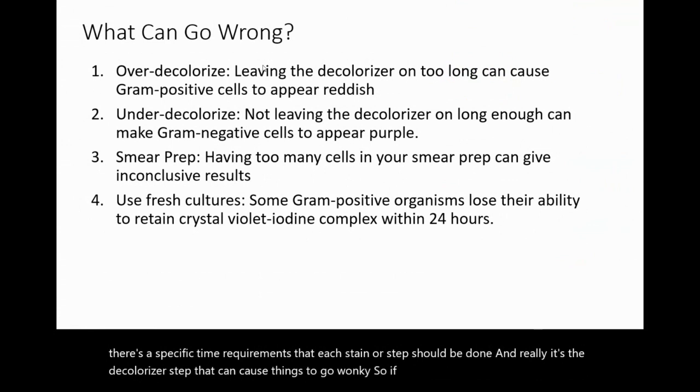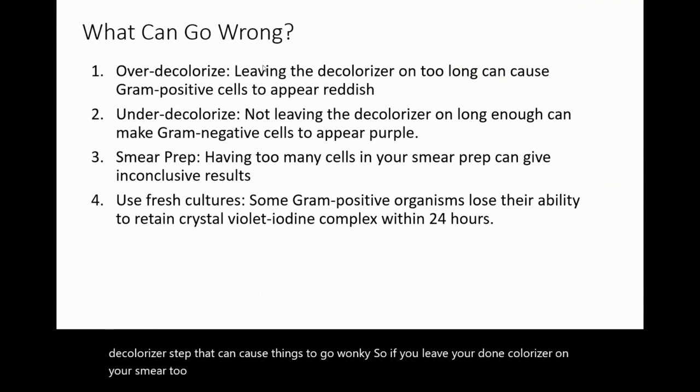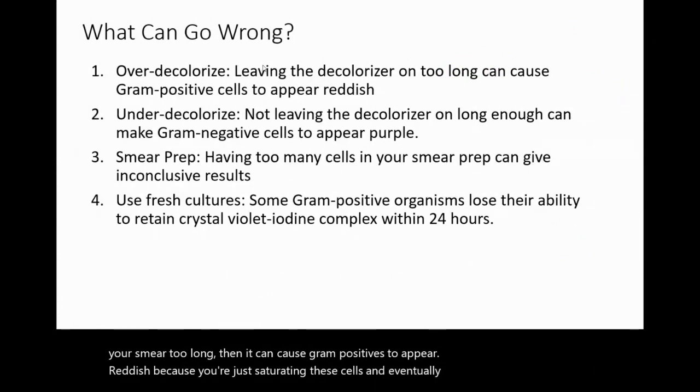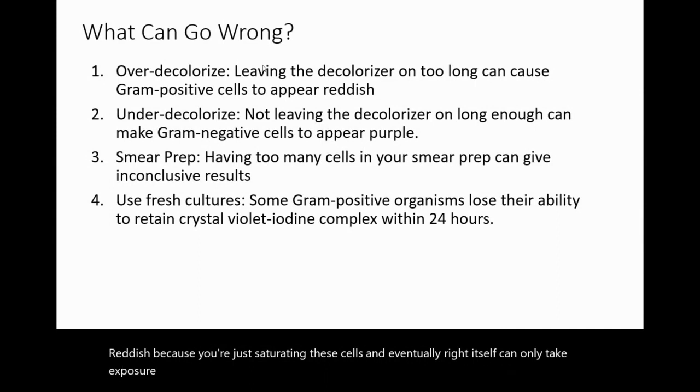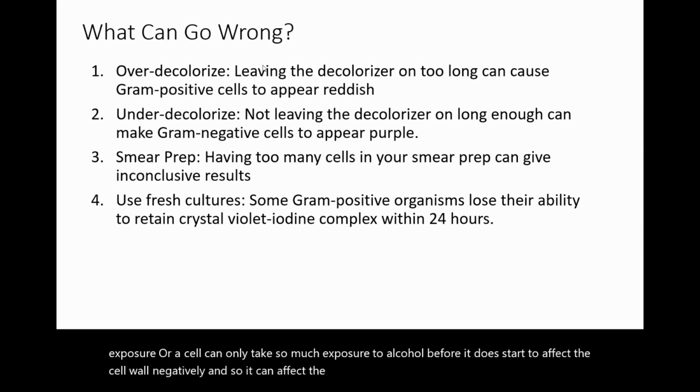If you leave your decolorizer on your smear too long, then it can cause gram-positives to appear reddish because you're just saturating these cells, and a cell can only take so much exposure to alcohol before it does start to affect the cell wall negatively. And so it can affect the color or appearance of those gram-positive cells.